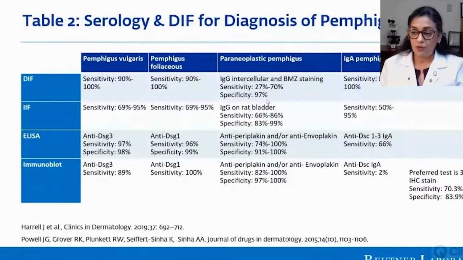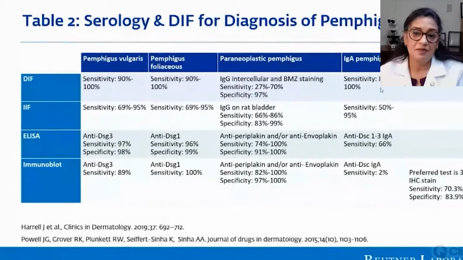So this is an overview of the sensitivity and specificity of all the diagnostic tests that are available for various forms of pemphigus. I apologize for this busy slide. I promise I'm not going to read out all these numbers, but just to get the gist or the summary, we could say that DIF and serology are needed for making an accurate and correct diagnosis of these diseases.